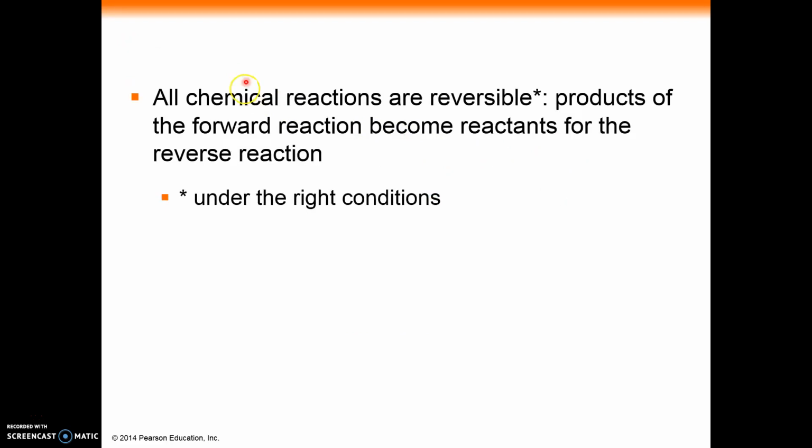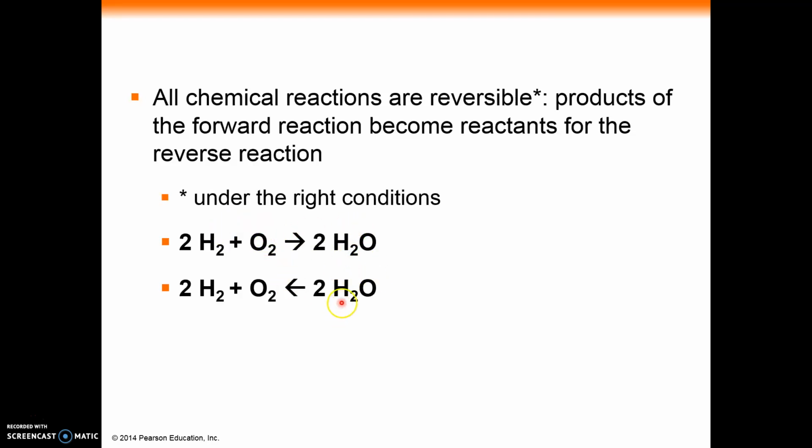Now, pretty much all chemical reactions are reversible, with a little asterisk here, under the right conditions. Products of the forward reaction become the reactants for the reverse reaction. So here we have hydrogen and oxygen forming water. Under the right conditions, you can actually take water and break it up to form hydrogen and oxygen. So here we have reactants, products, reactants, products.